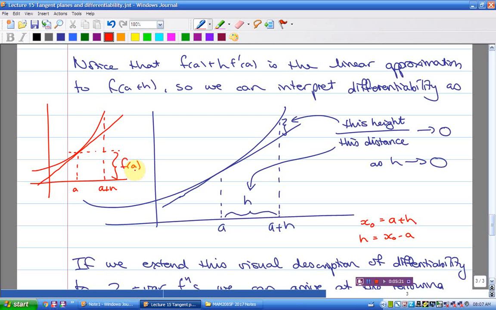I hope you can agree with that. That distance there is the y value that we would get if we plugged a into our function. This distance here is h times f dash of a. Because remember, this is similar to what I was discussing just the other day. If you have a vertical over horizontal, your slope is vertical over horizontal.